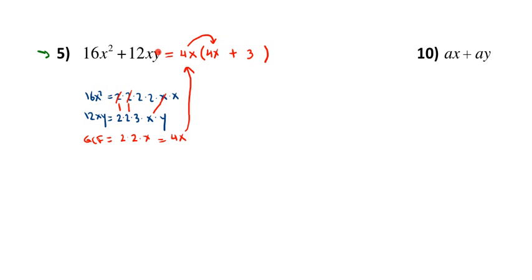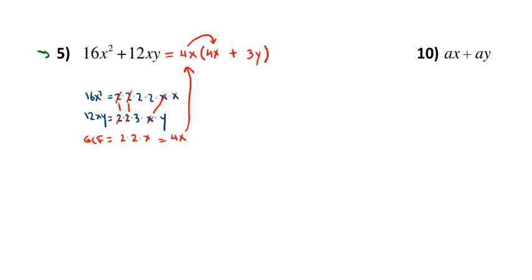And I also have a y here, and I don't have a y in the GCF, so I need the y here, 3y. Or you could say, if I take out 4x from 12xy, what do I have left? Take out 4x, that's 1, 2, that's another 2, that makes 4. Take out the x, and I'm left with 3y. That is what goes here.